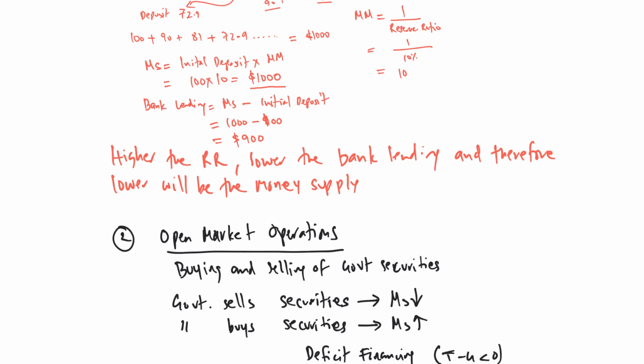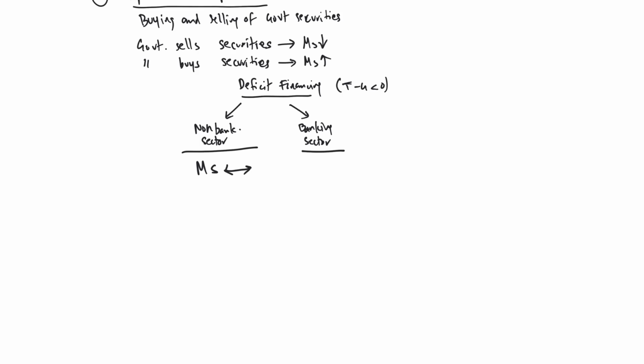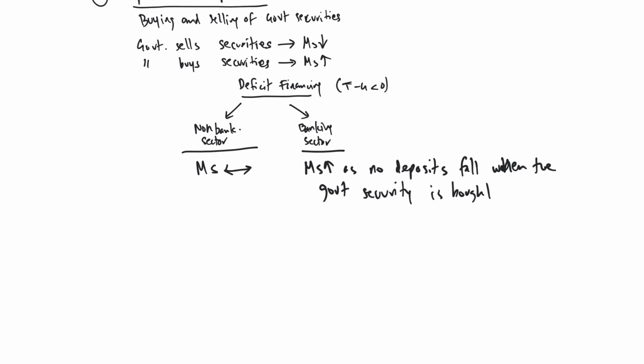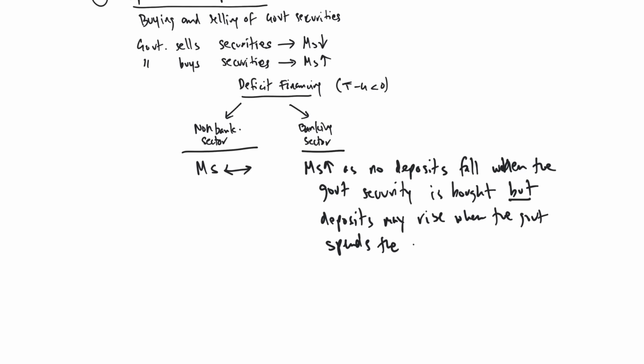Which means that when you go to the commercial bank or the banking sector, money supply will go up, as no deposits fall when the government security is bought, but deposits may rise when the government spends the money.